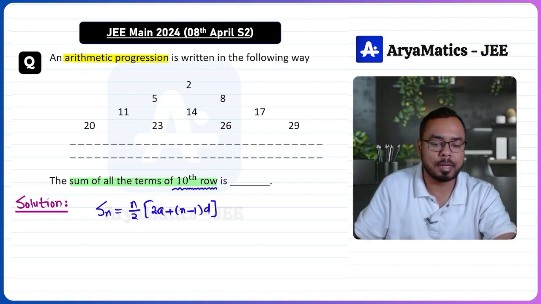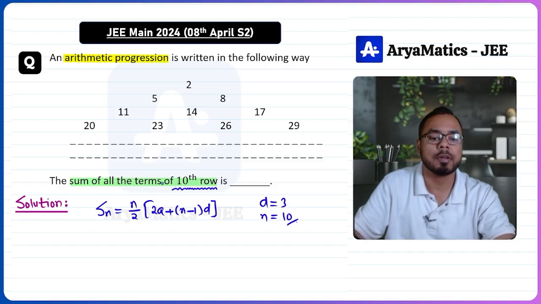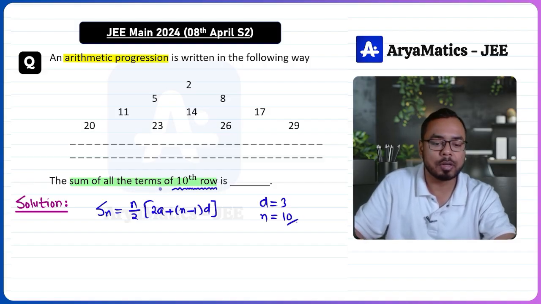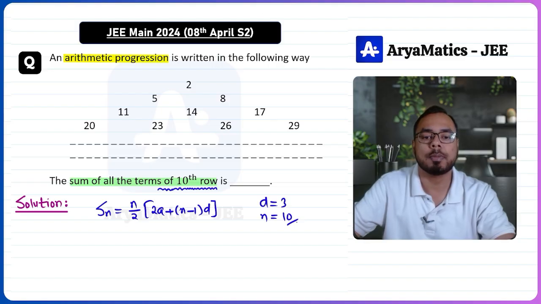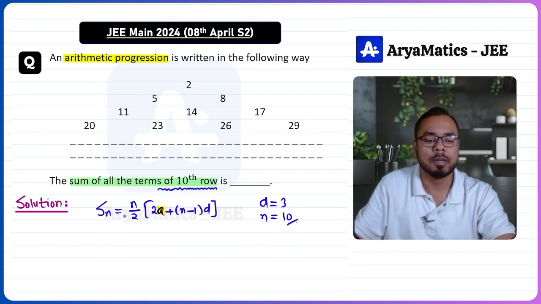As you can see, there are three unknowns in this formula: n, a, and d. The common difference d will be 3. The number of terms n will be 10, because we have 10 elements in the 10th row. The question is, what will be the first term of the 10th row? We need to find this a, and then we can easily get the sum of 10 terms.